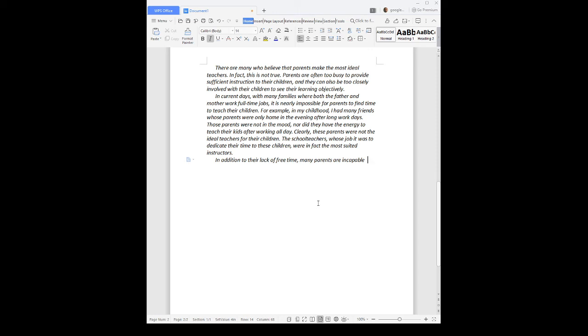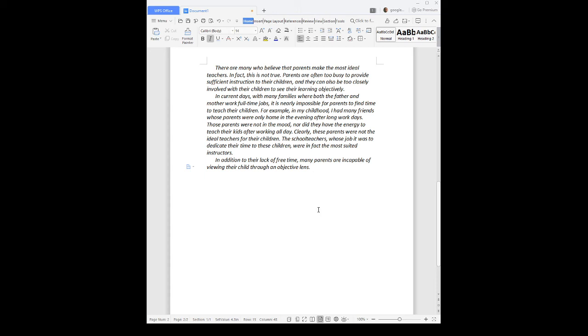They can't. Many parents are incapable of viewing their child through an objective lens. Okay, that's a very idiomatic kind of way to say this. What I'm saying is, right, they can't see their child objectively. They see them subjectively with lots of emotions, right?